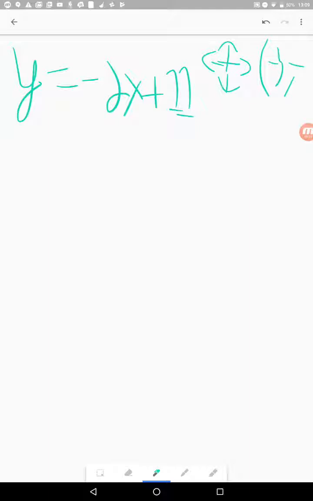Okay, -3, -5. So again, perpendicular slopes means opposite multiplicative inverses, known as opposite reciprocals.